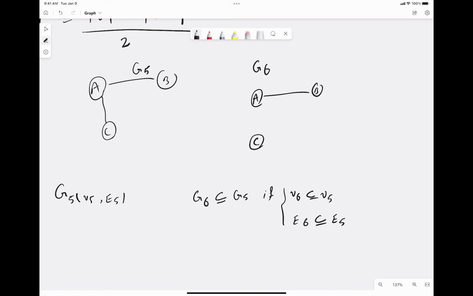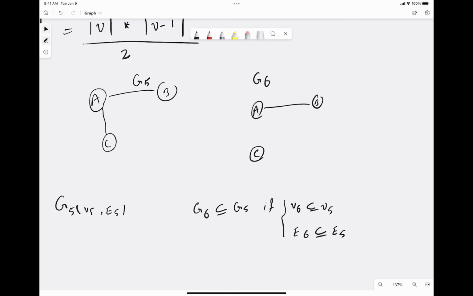Again, as we learned, V and E, both of them are sets. V usually is non-empty because we're going to have at least one vertex in the graph, and E can be empty if we have a graph that doesn't have any connection to any other node.